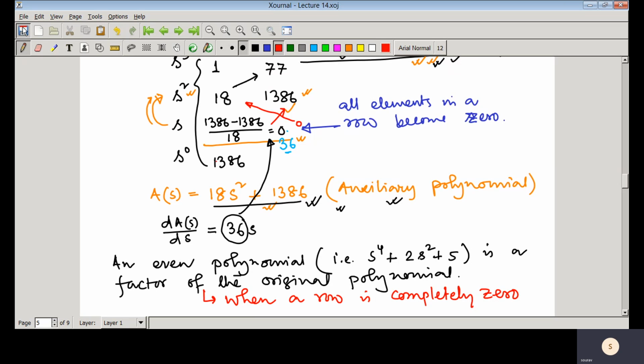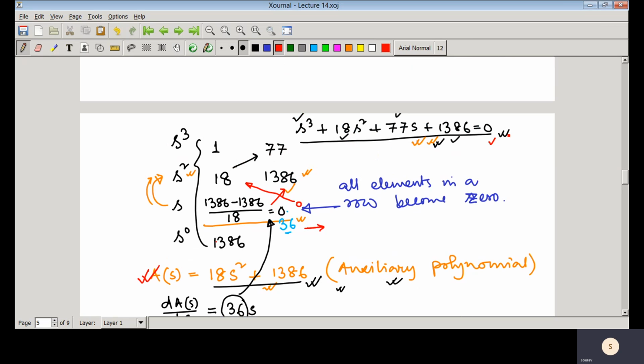So in this case, you can see here, this particular row becomes 0. So then an even polynomial, here you can see that this is that auxiliary polynomial, this is that even polynomial, and this even polynomial is the factor of the original polynomial here, this one.